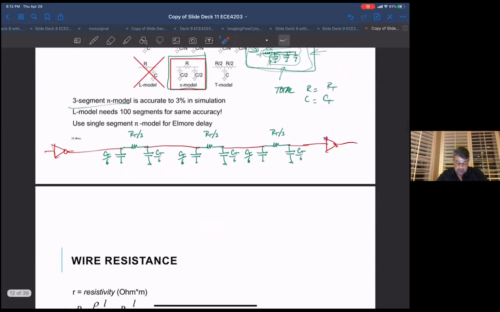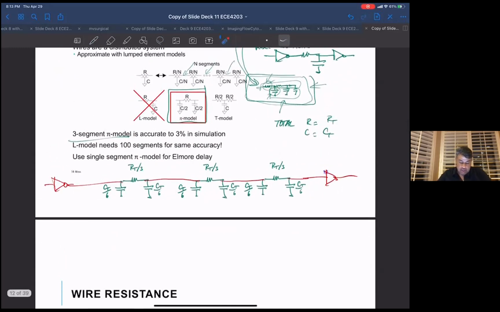In addition, we can use our old Elmore calculation. So if you assume, for example, that this guy has a pull down resistance of R sub n, you basically start running the Elmore model. So the delay here is going to be R sub n times C_T over 6, plus R sub n plus R_T over 3 times C_T over 3, because I've summed these two up.